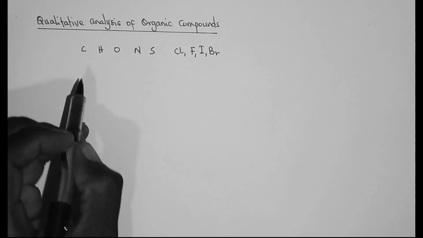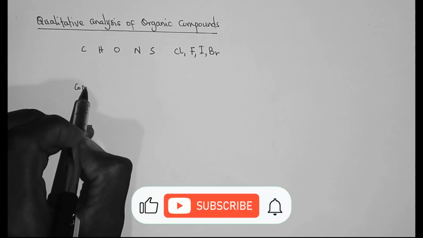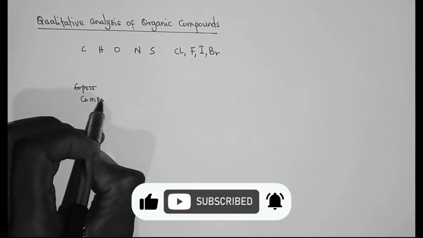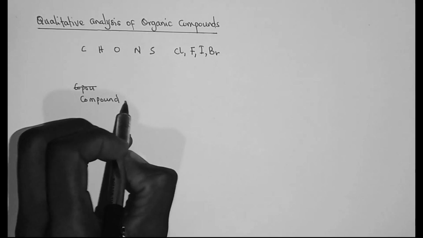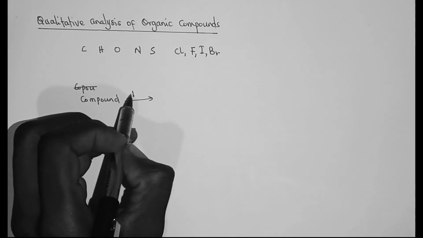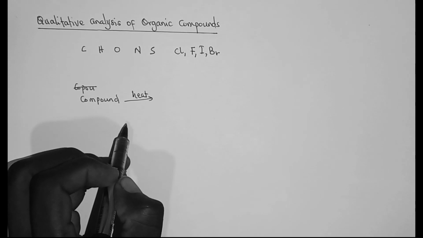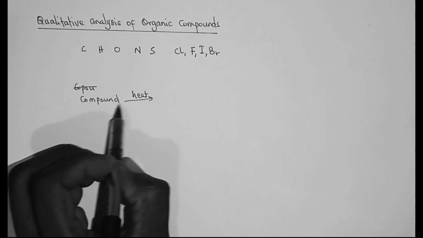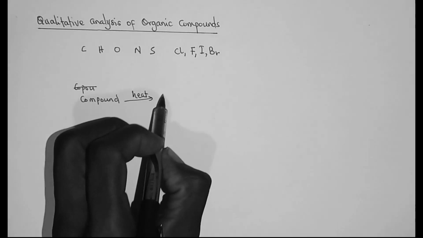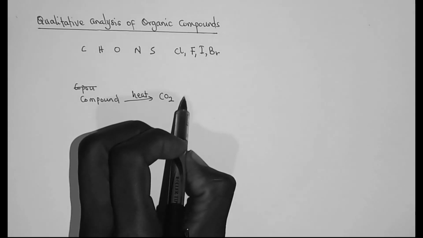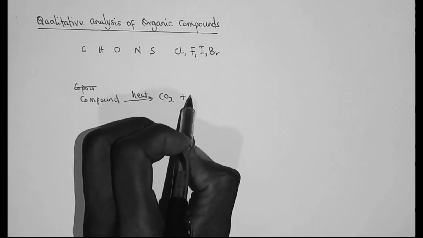What you do is that, for example, if you have the organic compound here, you heat the organic compound. So you have to heat the compound. When you heat the compound, you convert all the carbons in the compound into carbon dioxide. And then you convert all the hydrogens in the compound into water.